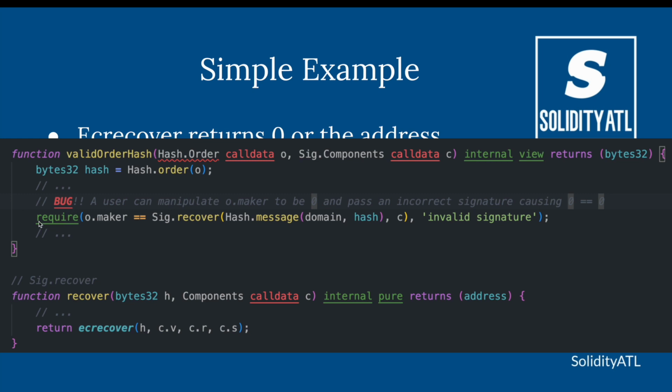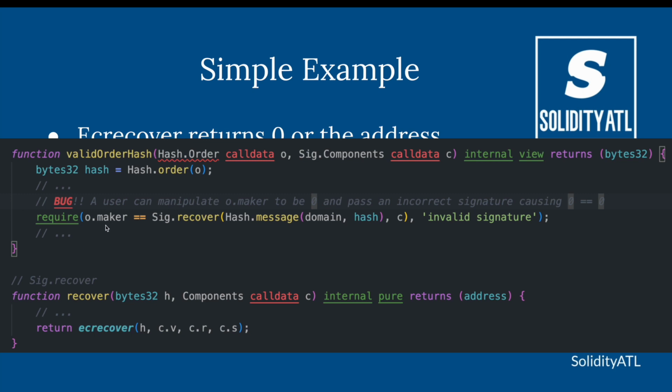In this case, a user is able to manipulate this valid order hash by passing in an incorrect signature, and that makes it essentially return 0. And it doesn't check if 0 is being compared to 0, and that's where the mistake lies in this code.